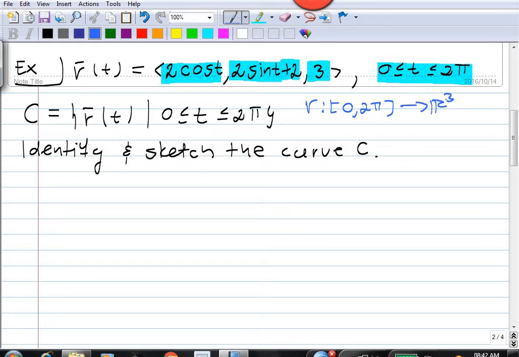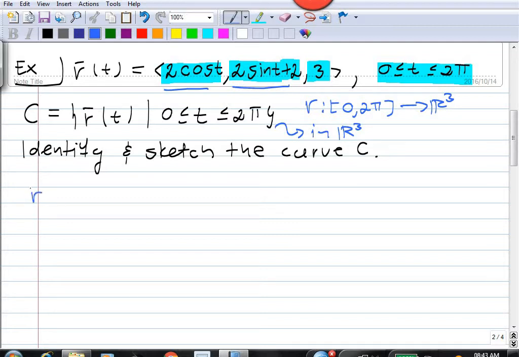So the range of this vector function should be a curve in R3. Now we want to identify this curve and sketch it. Looking at the first two components here, that kind of looks familiar. It's very much like the circle we discussed a moment ago.